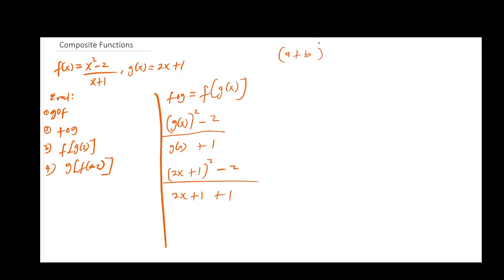And if we expand this just like we have in a plus b squared, if we apply that expansion, which gives us a squared plus 2ab plus b squared, where a represents 2x and 1 represents b. Now we are going to have 2x squared plus 2 multiplied by 2x multiplied by 1.